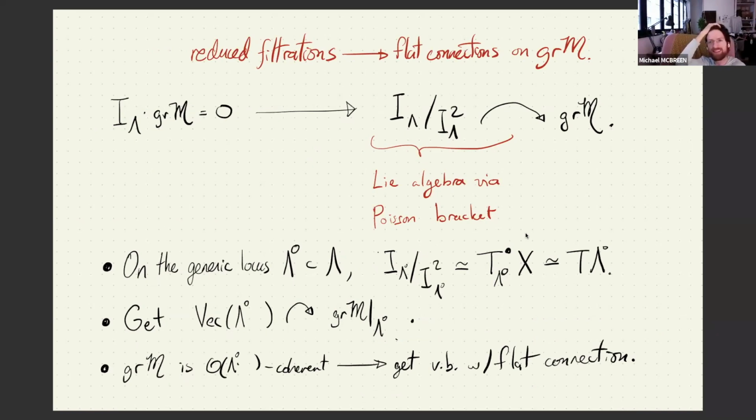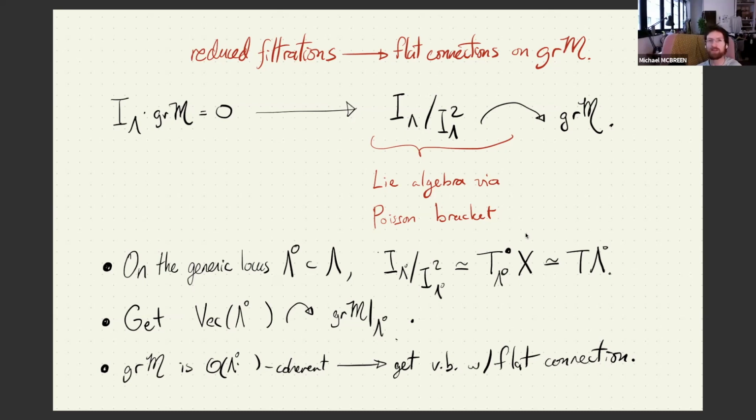Well, we all have our reasons, but one reason you might want it is because it's yet another way of expressing the idea that microlocally, a D module should give you some sort of flat connection along its singular support. Once you have this reduced filtration, this can be expressed in an elementary way.